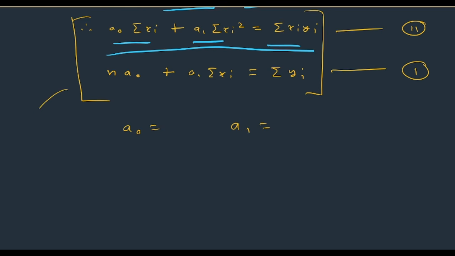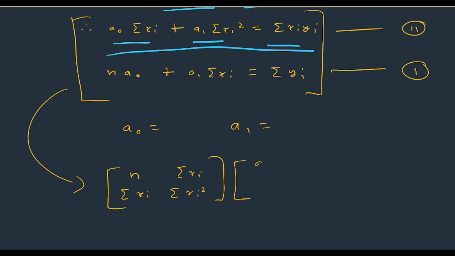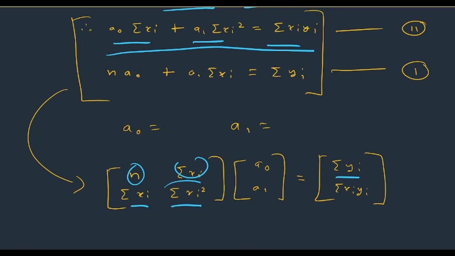Look here, if we rearrange this thing this way, if we are given a set of data, from that data we can easily calculate these values: the sum of xi, sum of xi squares, sum of yi, sum of xi yi, and then plug these values into these positions.